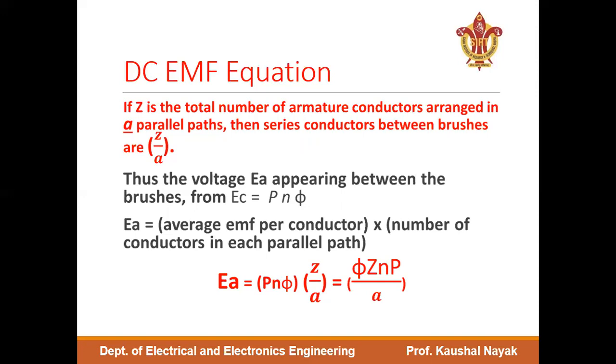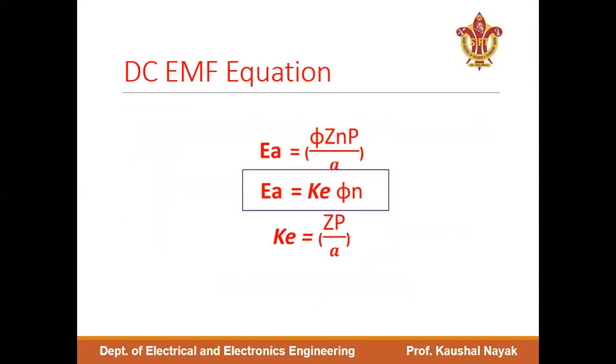If Z is the total number of armature conductors arranged in A parallel paths, then the series conductors between brushes are Z upon A. The EMF equation phi Zn P upon A can be written as Ke times phi into N, where K is a constant.